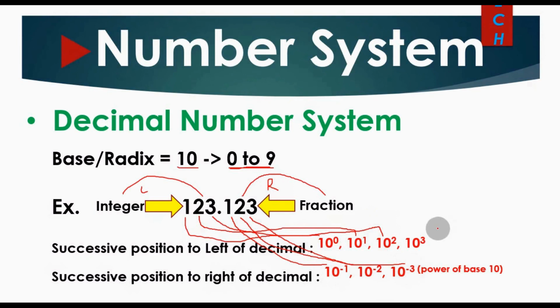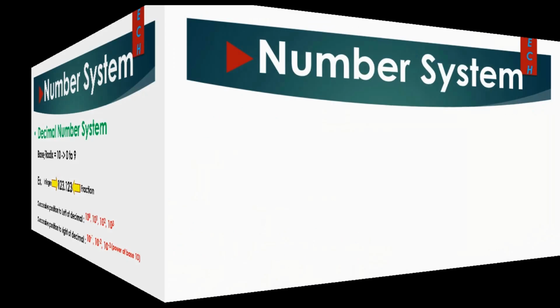So these are powers of base 10, right? In the decimal number system, if you want to represent any decimal number, the successive positions to the left of the decimal point are given by this, and the successive positions to the right are given by this.